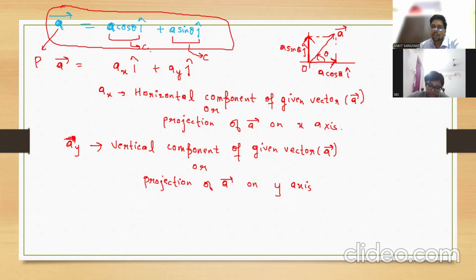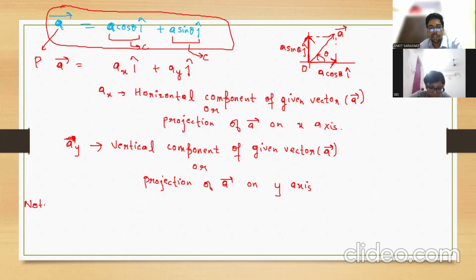If you add the children, you will get the parent. So any vector can be written as a linear combination of two vectors, its component vectors.